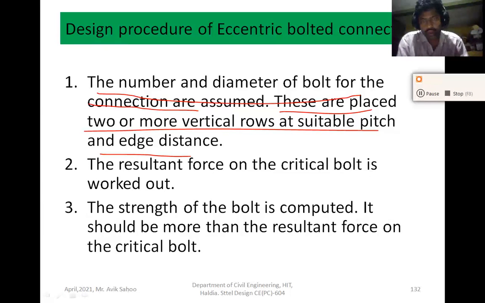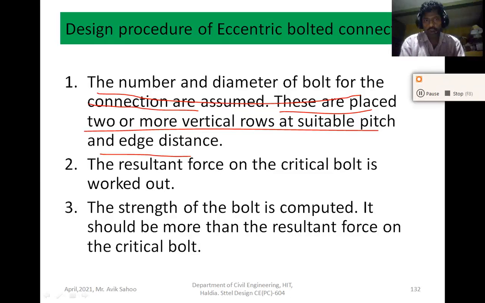You know the minimum pitch and maximum pitch, so you place the bolts so that the pitch and end distance are not less than the minimum and not more than the maximum.